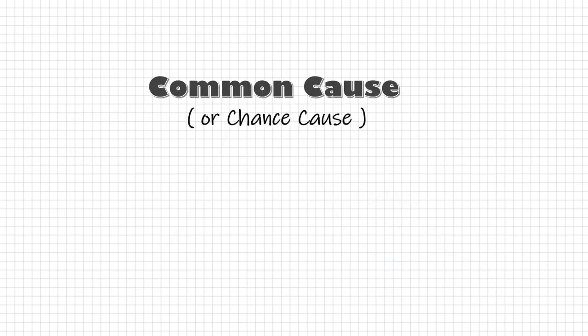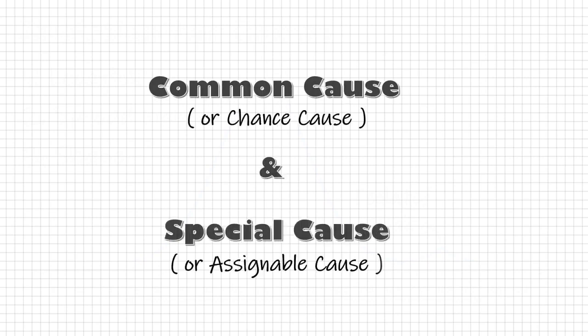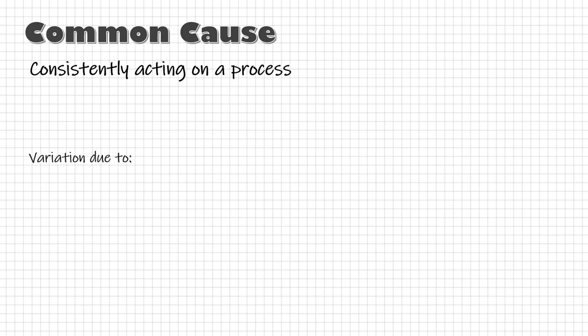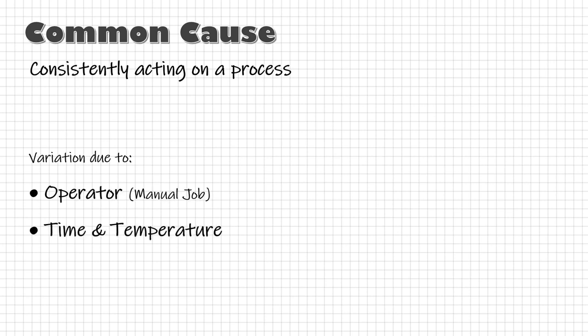Common causes are those sources of variation that are consistently acting on a process. For example, variation may happen during manual processing of the part or due to day-to-day temperature difference, variation in incoming material, variation due to tool wear and tear.